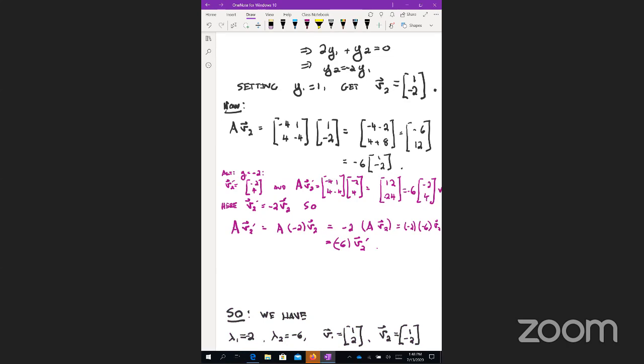So it's actually not going to matter. You can make whatever choice is most convenient for the calculation. So pick the easiest one.